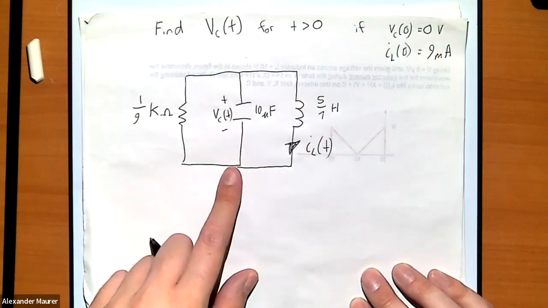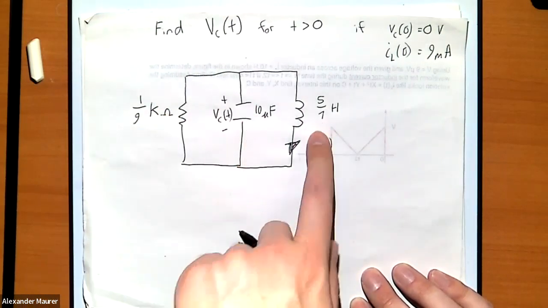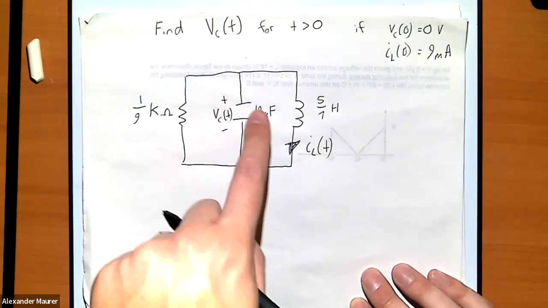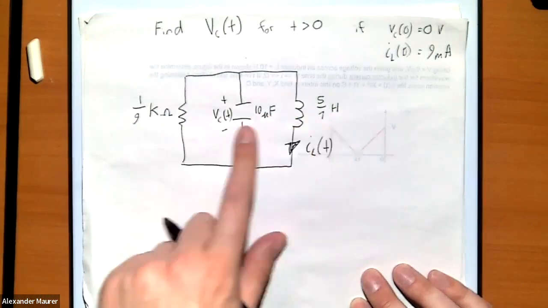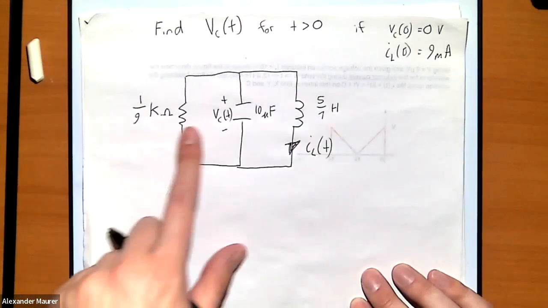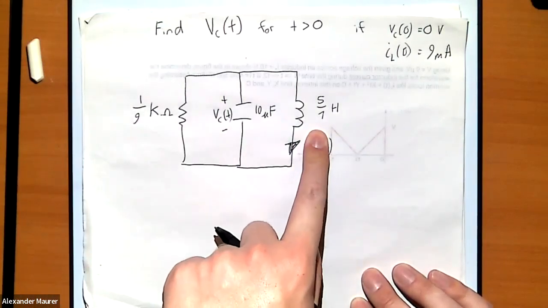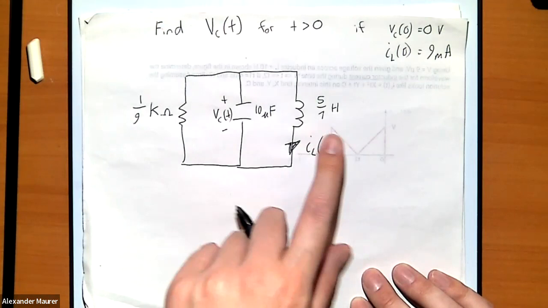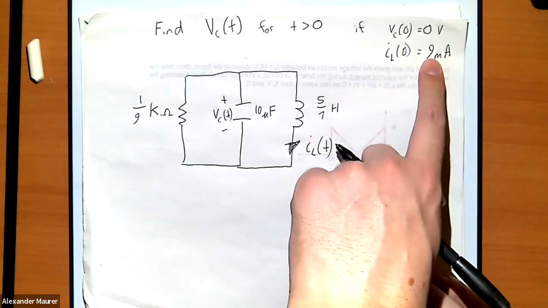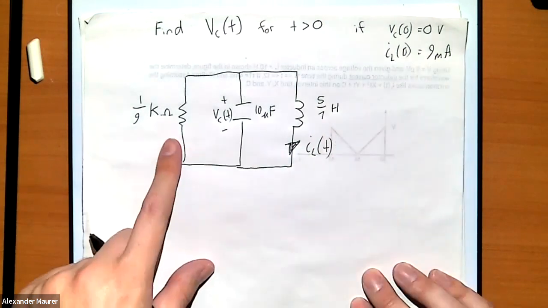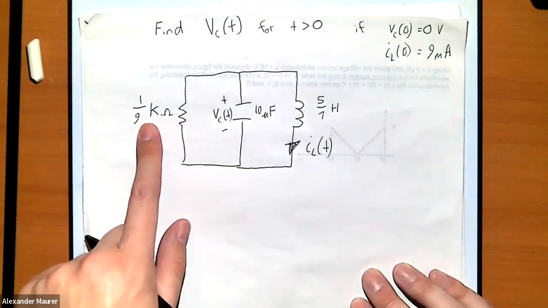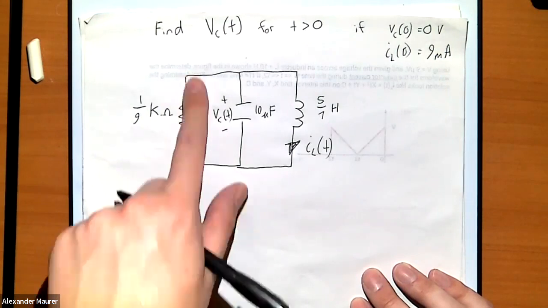We're going to solve this problem here, where I've set up a parallel combination of an inductor, a capacitor, and a resistor. As you can see, I have carefully chosen some values so that hopefully we get some nice numbers at the end. I didn't fully check how nice this initial condition is going to be, but it should be solid. 9 milliamperes, 1/9 kilo ohm is 1 volt.